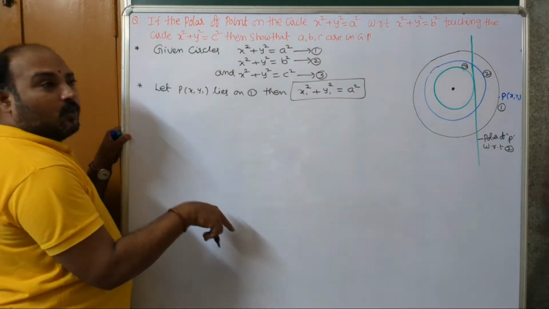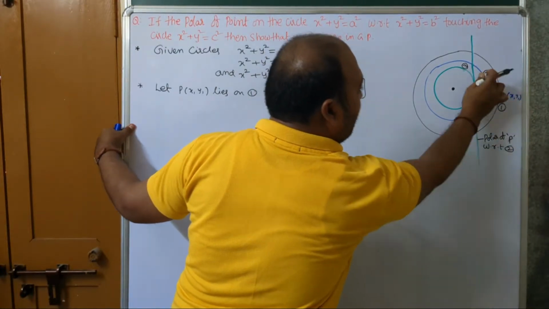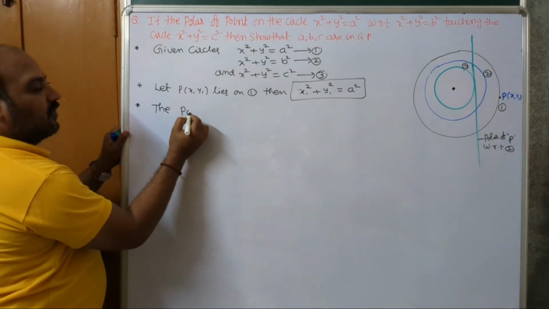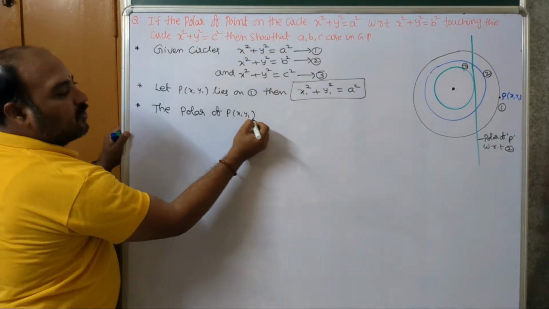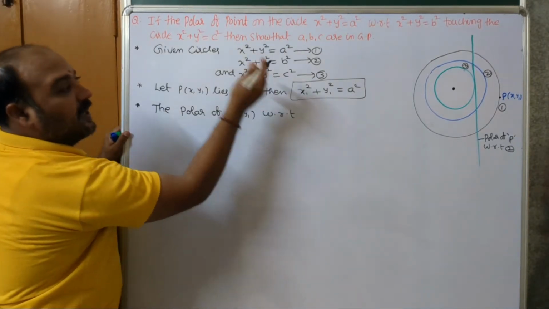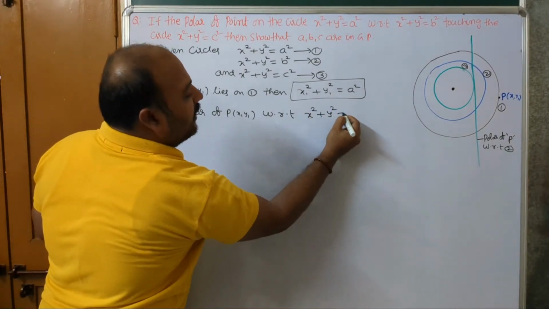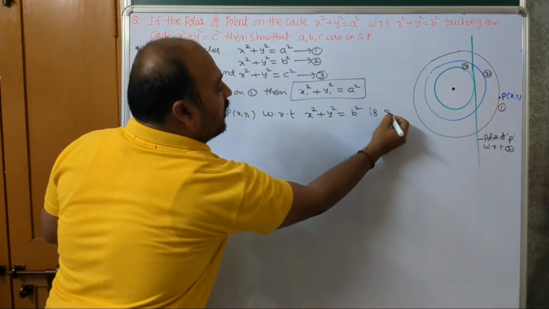The polar of the point P with respect to the second equation of the circle, x square plus y square equal to b square, is S1 equal to 0.